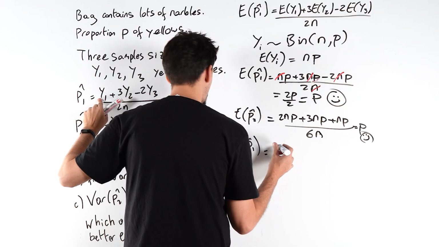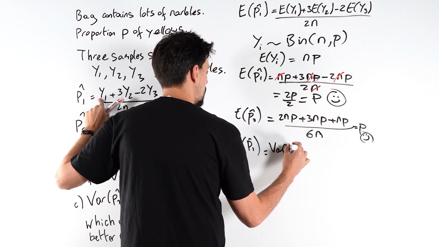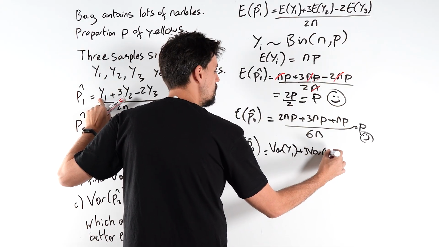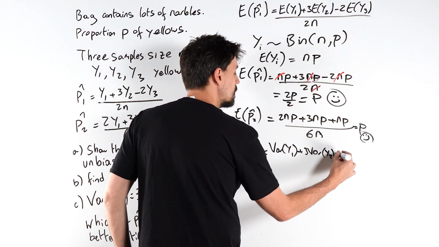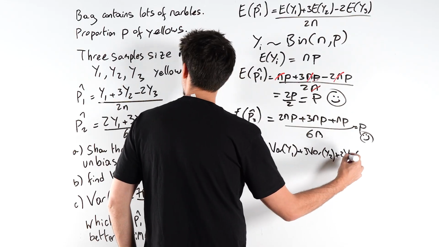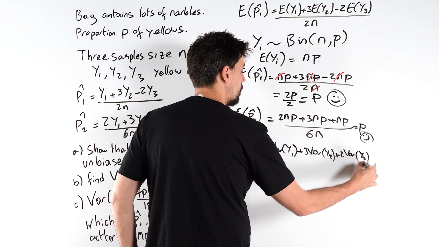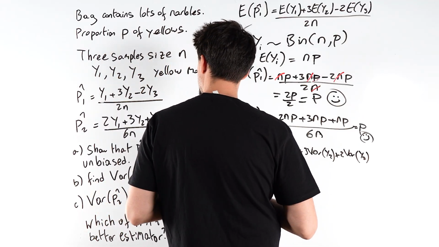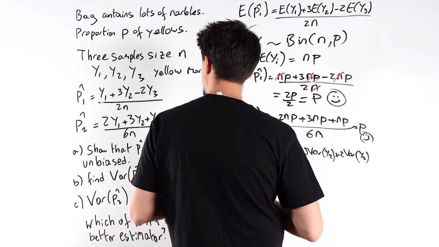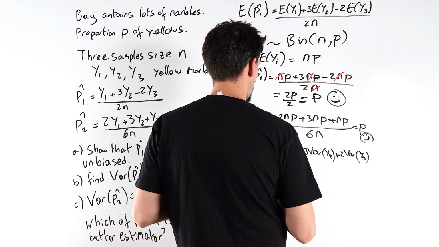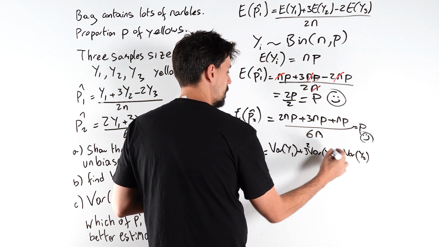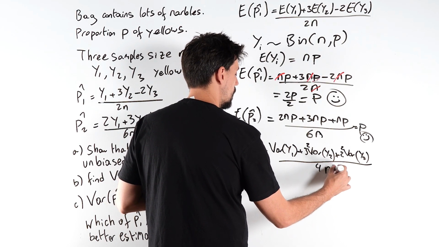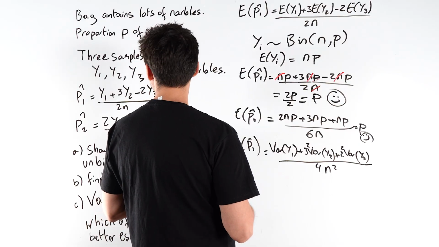So I can say that the variance of P1 is the variance of y1 plus 3 times the variance of y2 plus 2 times the variance of y3, all squared, over 4n squared.